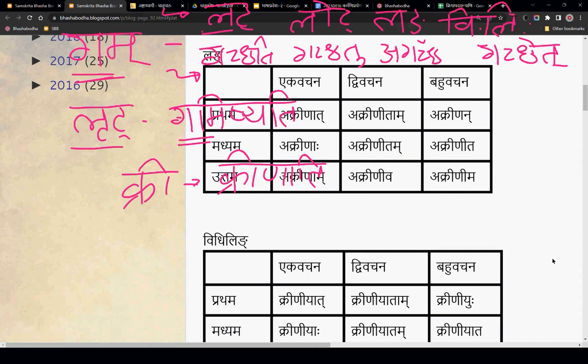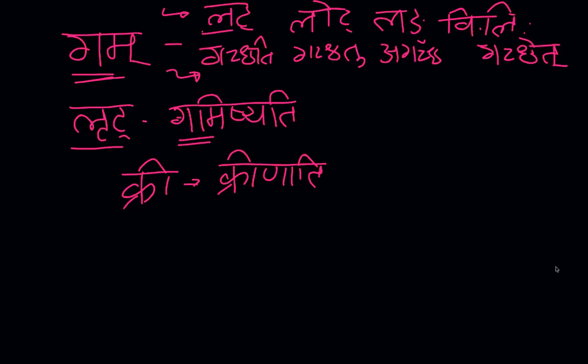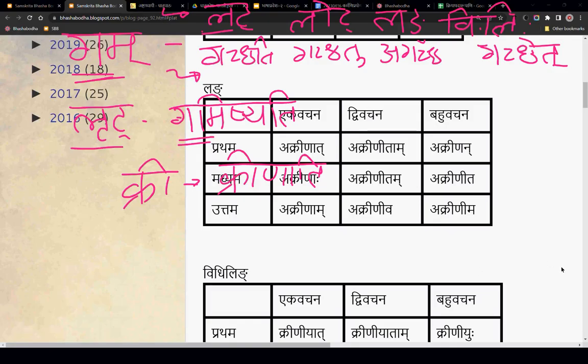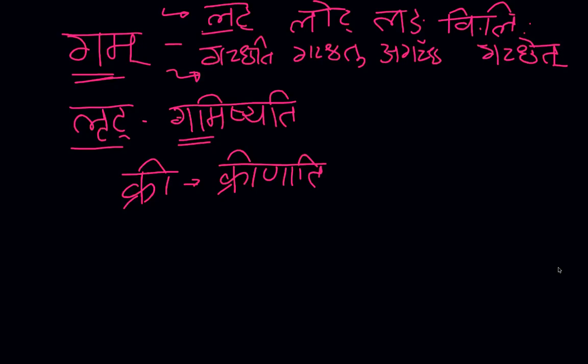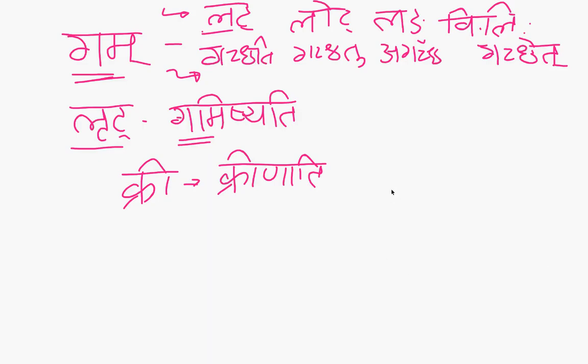But what is the lrit lakara for kri dhatu now? Bhavishyat kala. In the lrit lakara we have gamishyati, like lat, and for the kri dhatu we have krinati, lot lakara krinatu, and lang akrinat, and then here we had kriniyat, and then lut lakara.